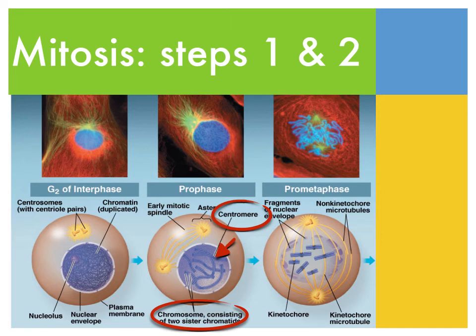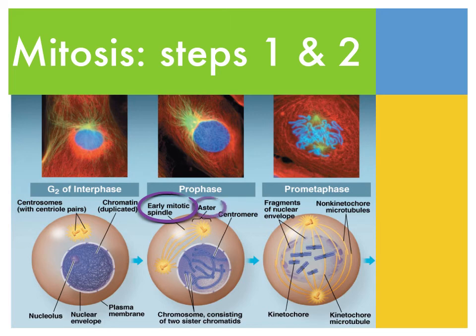And at the level of the cytoplasm, you will see that each centrosome will grow microtubules that will push the other centrosome away from the first one. So it will start to synthesize what we call the early mitotic spindle, where each centrosome grows microtubules facing each other so that they will move apart.